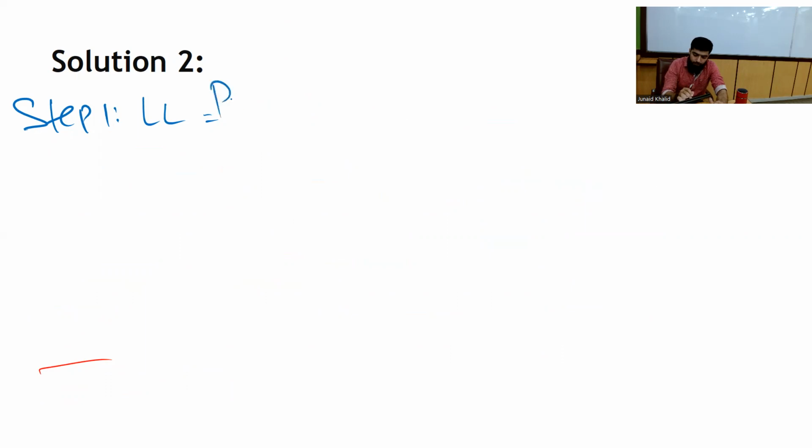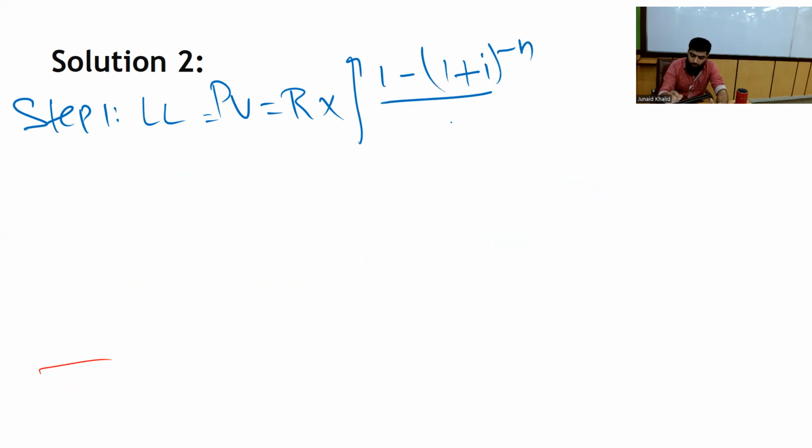The formula of the present value of lease liability is R, that is regular payment, multiplied by (1 minus (1 plus i) power minus n) over i. Let's fill in this information.